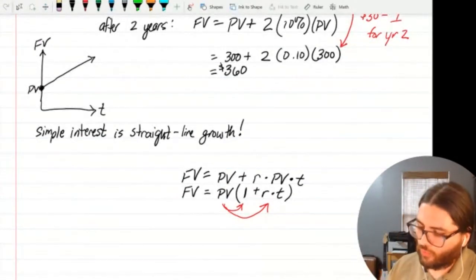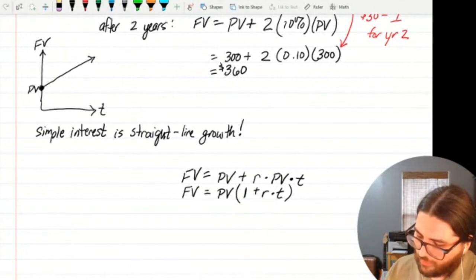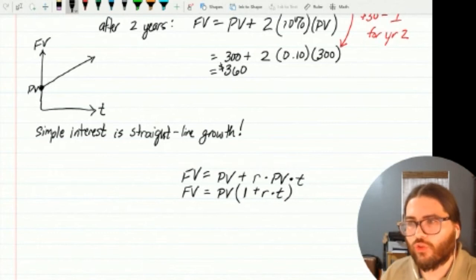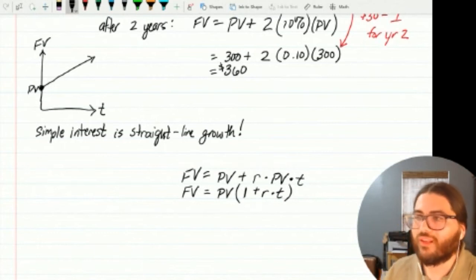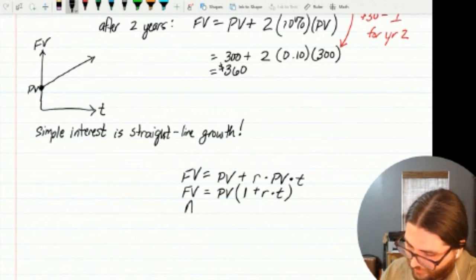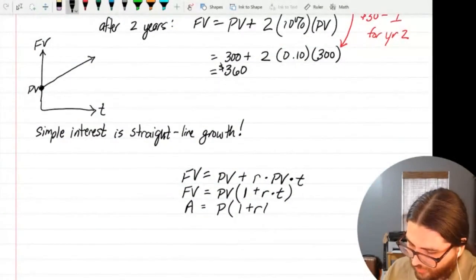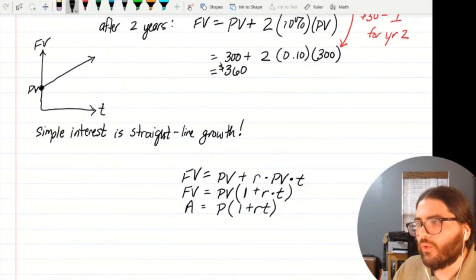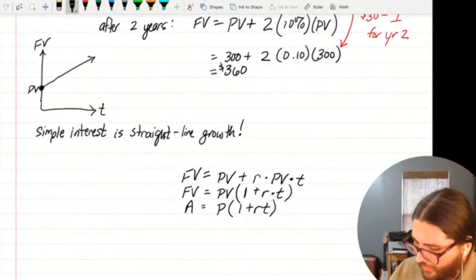Matter of fact, if you looked up this formula on the internet already this week, you probably have seen something just like this, only they didn't use the letters FV and PV. They would have put it like this: A equals P, parentheses, 1 plus RT, like so. And you're going to see that quite often, right?